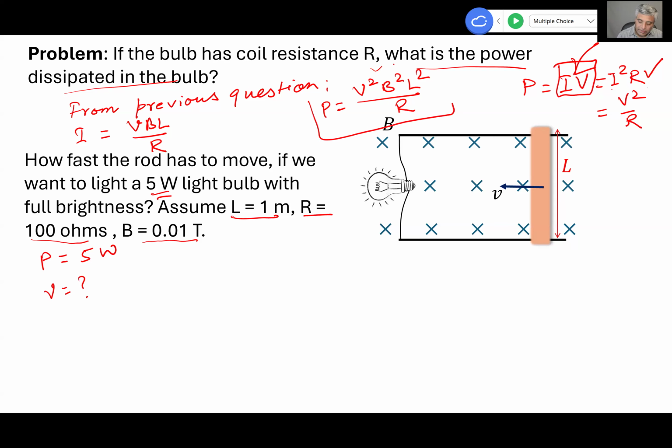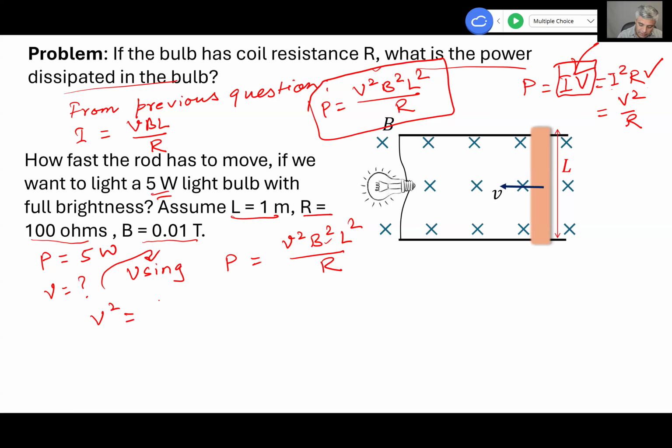Using this equation, P is v squared, B squared, L squared over R. We have everything but v. Power is given, B is given, L is given, and R is given. So the only unknown is v, and we should be able to calculate v from here by rearranging this equation.